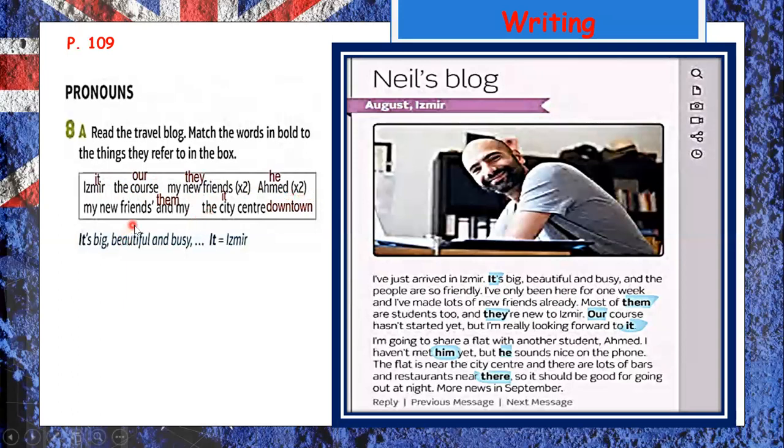When we say my new friends and my, we are referring to them. And when we talk about the city center or downtown, we are using it. We use the pronouns in order to substitute or in order to avoid repeating the words more than twice.